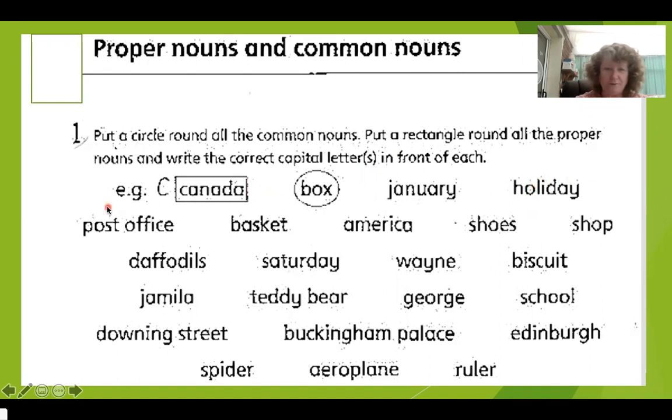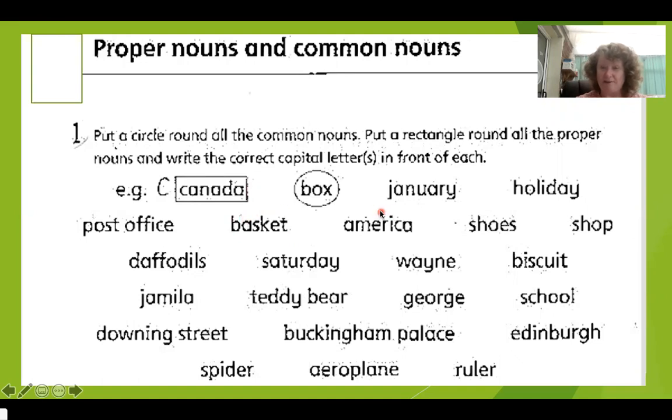Circle. Post office. Now, in England, post office would have a capital P and a capital O because it's the name of a place that we go to post specific letters or parcels, etc. So that is a proper noun, so that would be in a rectangle with a capital P and a capital O. Basket, any basket, you put a circle around it.